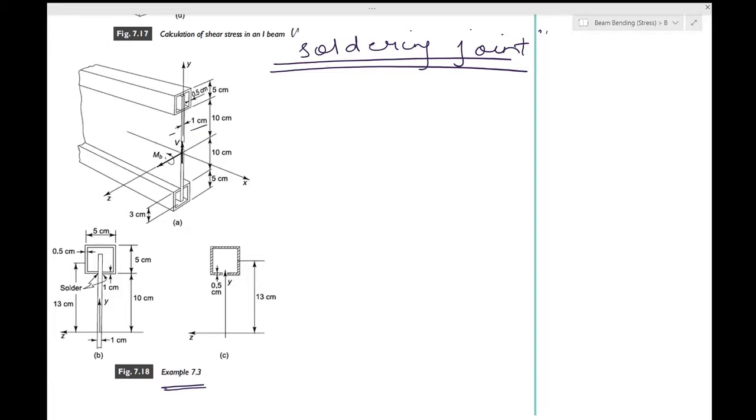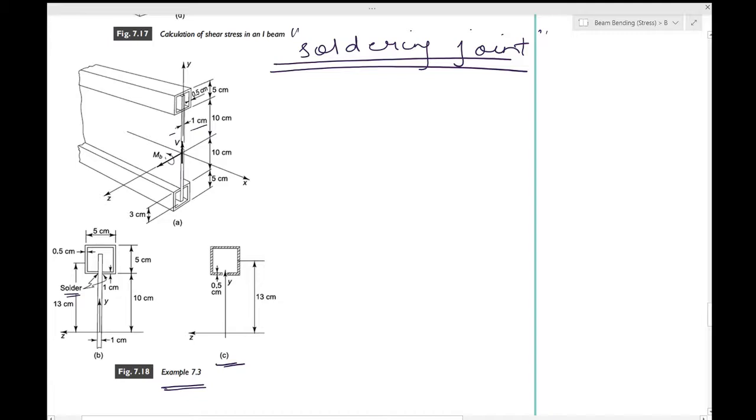So this particular soldered joint has to carry an unbalanced bending moment stress acting over the cross sectional area of the box, which is shown in this figure. We have taken this part. This is the solder over here, and the other dimensions are given to you.